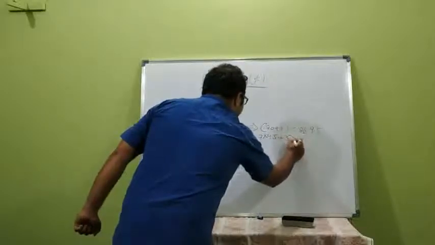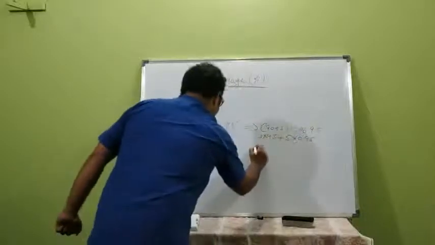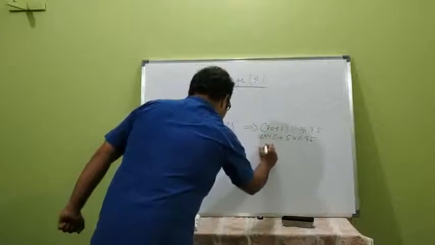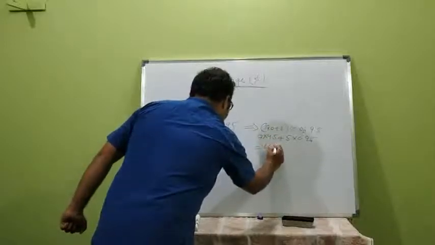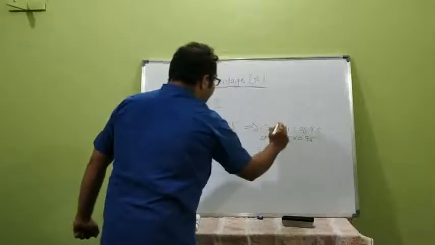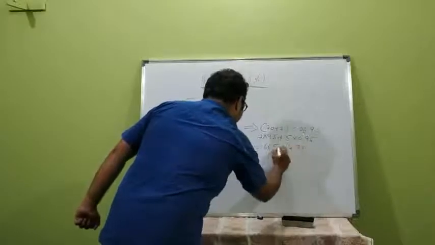5 into 0.95. So 7 9s are and 7 5s are. Club together, you will get the answer 66.5. 0.95 into 5 implies 4.75.